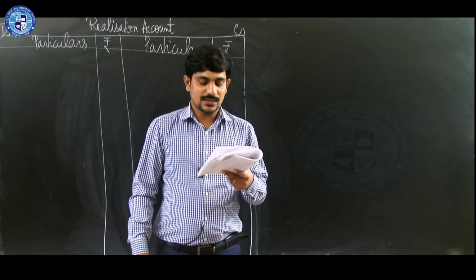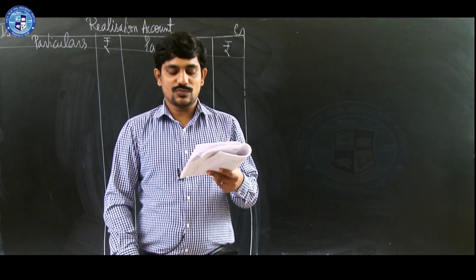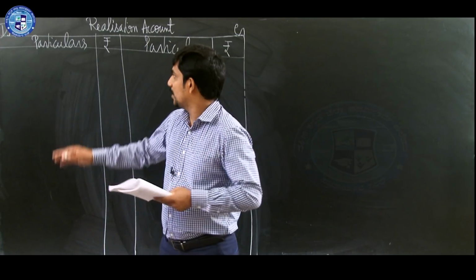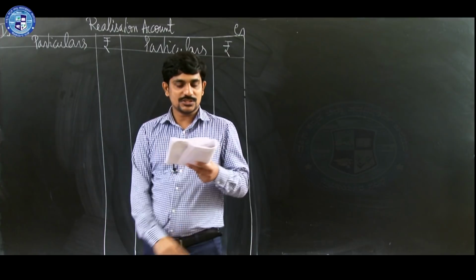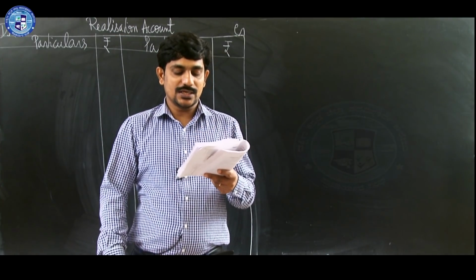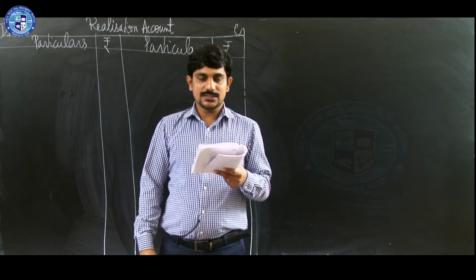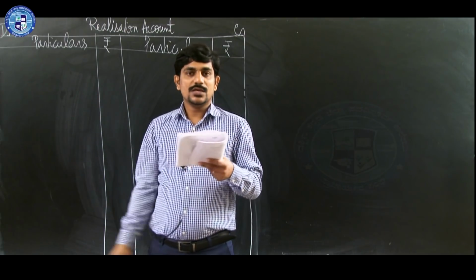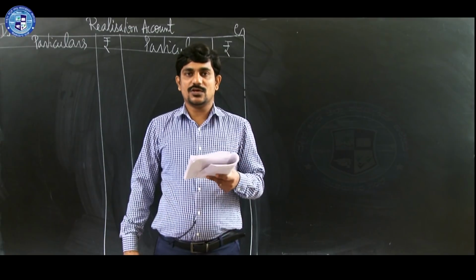Go to the asset side. You have cash in hand 21,000. Cash is already in the realized form, so there is no need of transferring it to realization account. Second one is debtors 25,000. Debtors we have to transfer to the realization account. Next one is bills receivable 5,000.